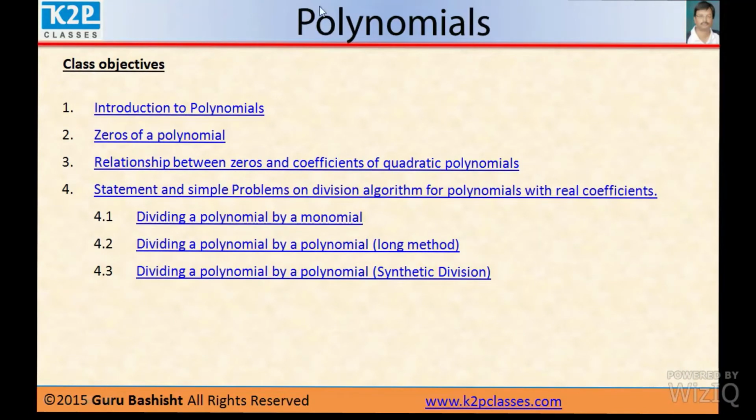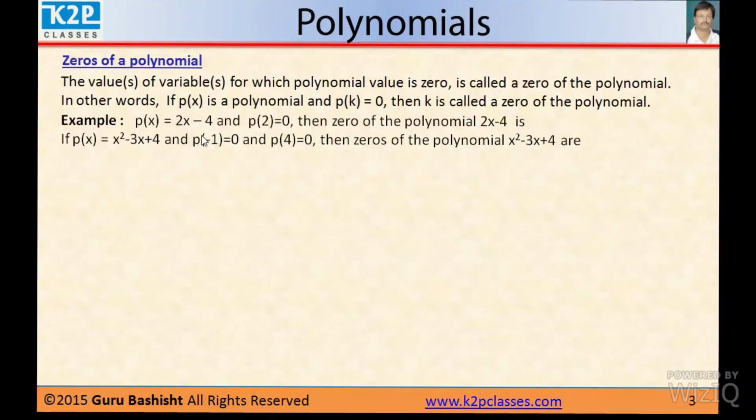So we have completed introduction to polynomial. Now, zero of polynomial. Zeros of polynomials means the value or values of variables for which polynomial value is 0 is called a zero of the polynomial.